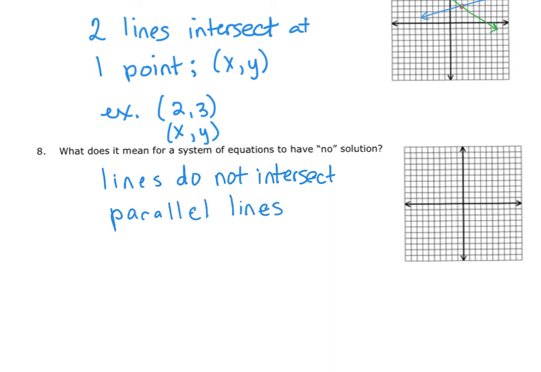And if we remember, parallel lines have the same slope. So an example of that would be, this would be one line. And then if I draw another line here, a line that's parallel to that, that would be an example of a system of equations that has no solution.